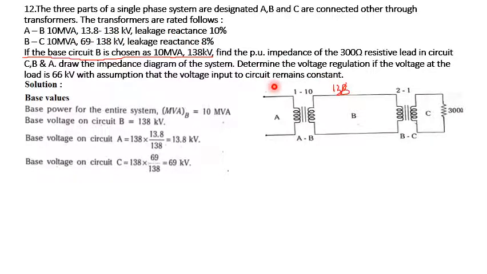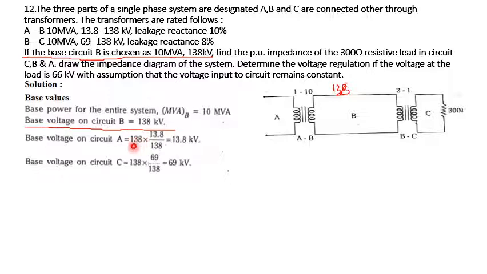Okay, so we know that LT is equal to ST rating of the transmission line into LT rating of transformer divided by ST rating of transformer, because it is 13.8 and this is 138. Already this is 138 because we are considering that the transmission line itself is the base.